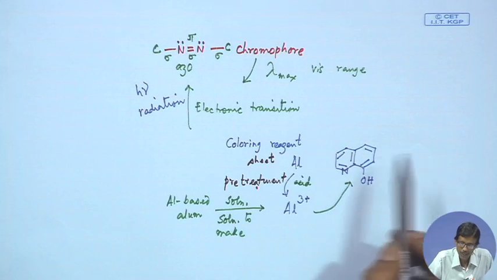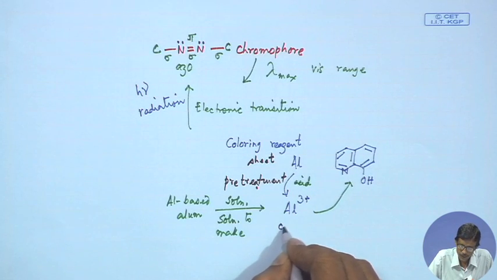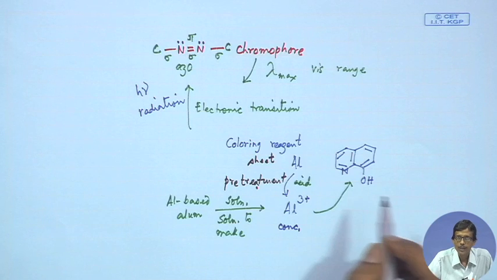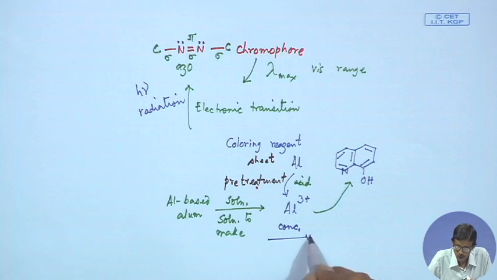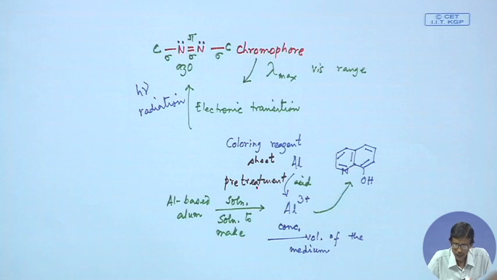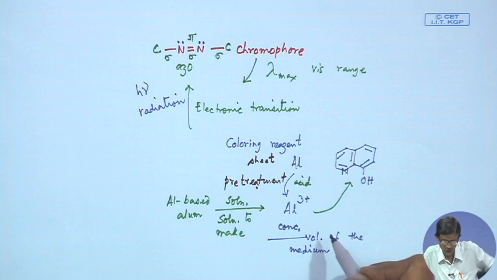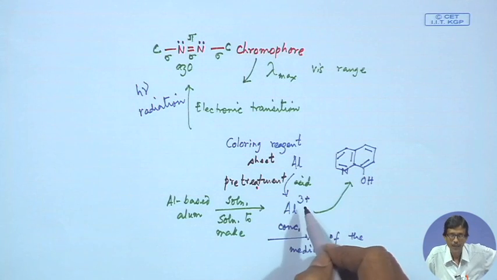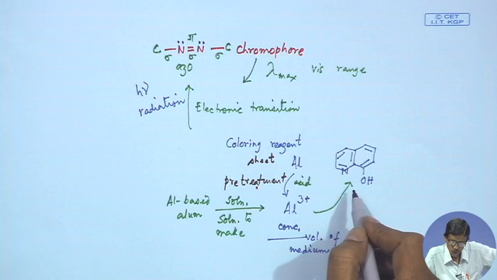Now, we see some coloring agent we are adding. So, depending upon the level of concentration, if the concentration is very small in a large volume of water, so volume of the medium is important. If the medium is very high, that means the volume of the medium is very high and the amount of iron 3 plus in the solution is less, what will you get over there?